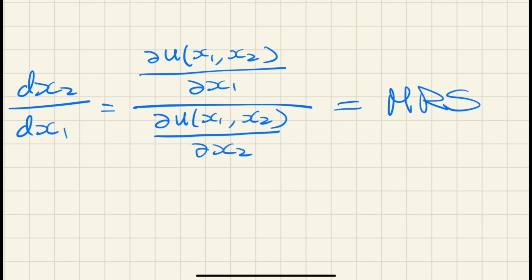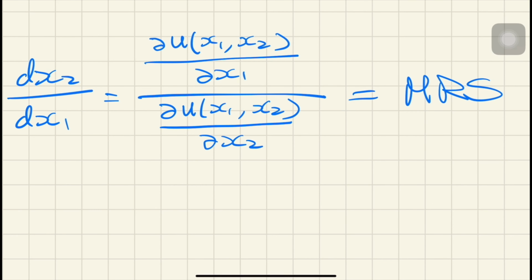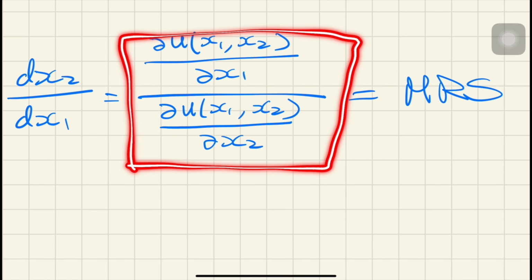So this is the formula that you have probably seen in week 3 of microeconomics. This is the formula for the marginal rate of substitution, and it's a derivative given by dx2 over dx1. So what does this scary and complex thing mean?